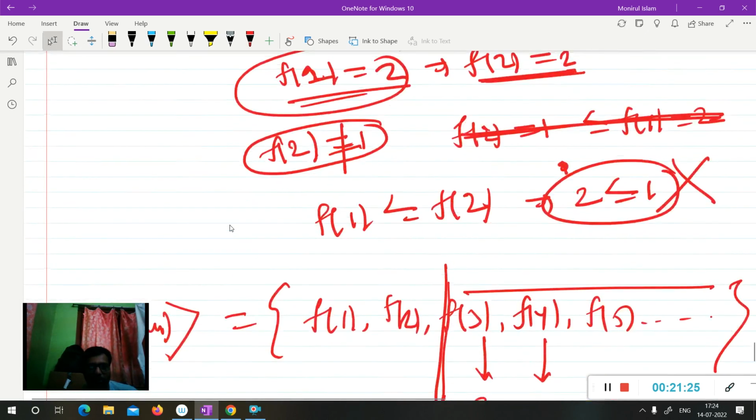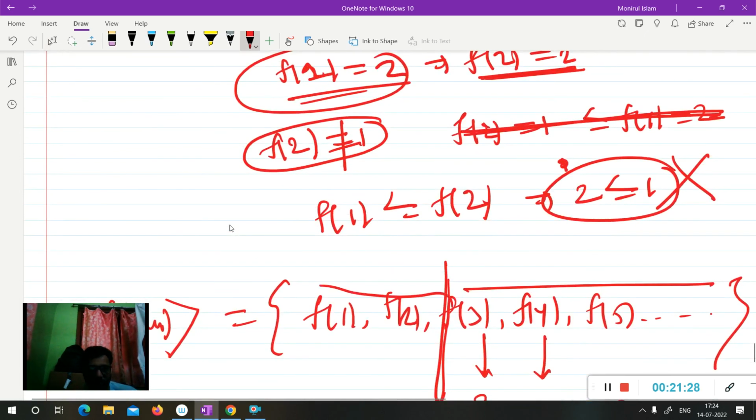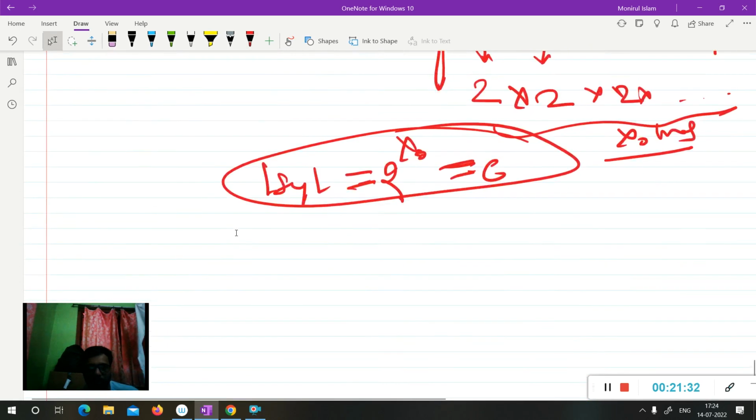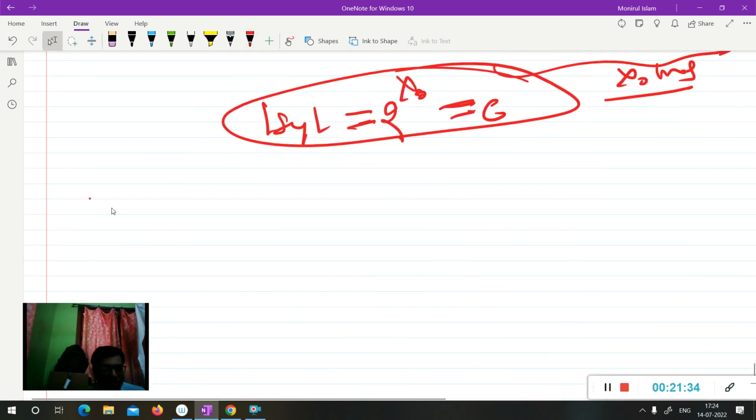It does not depend on the choices of the first elements. In any case you get uncountable. In the first case, suppose f1 maps to 1, then f2 can be either 1 or 2.